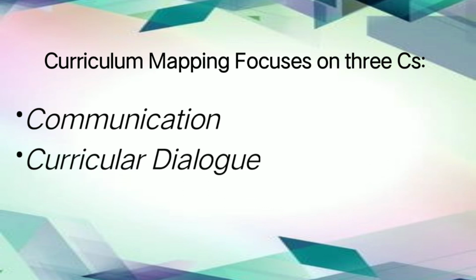That is the communication. And let's now proceed to the curricular dialogue. Educators need to work collaboratively to make informed curriculum and instructional decisions. And the last one is the coherency. The curriculum asks educators to record, implement, reflect on, and revise their curriculum and instruction.